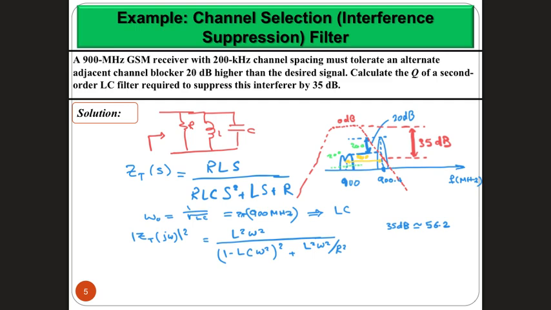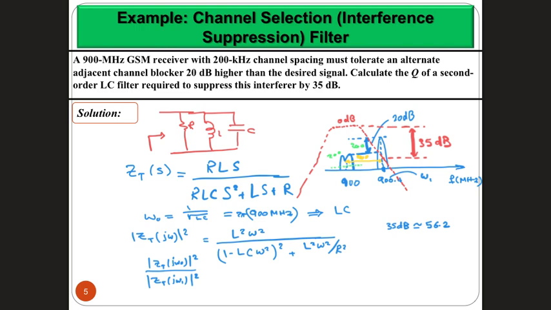So the ratio of the square magnitude should be, if I want to write this the right way, Z_T at j omega naught squared divided by Z_T at this desired point of j omega 1 squared, where this is my omega 1.